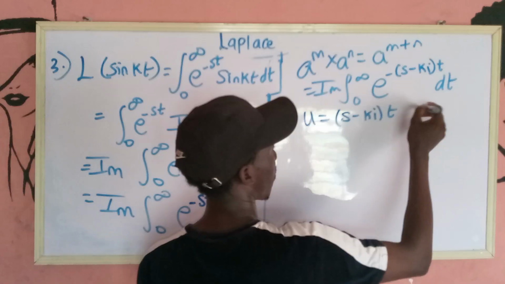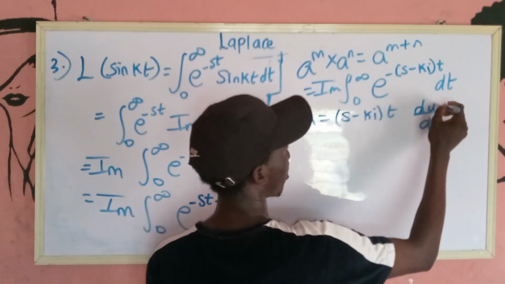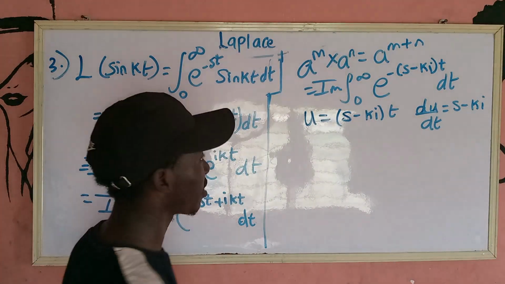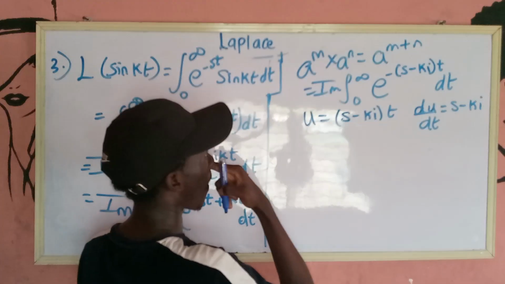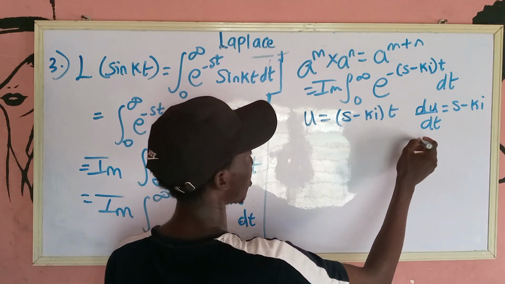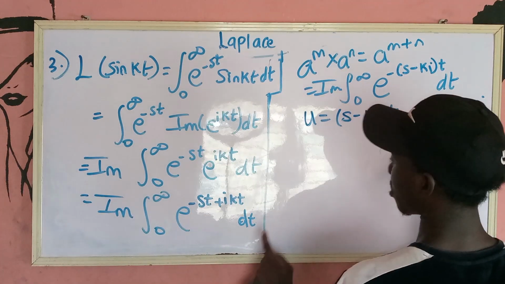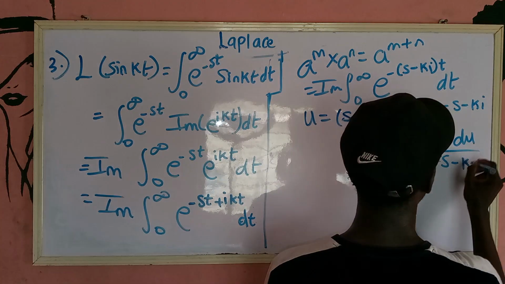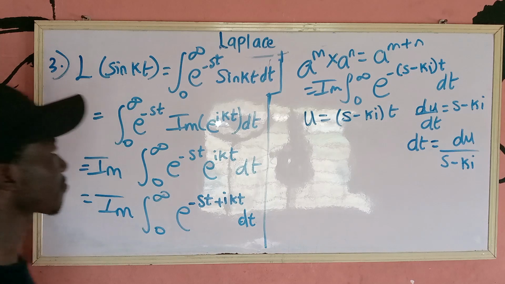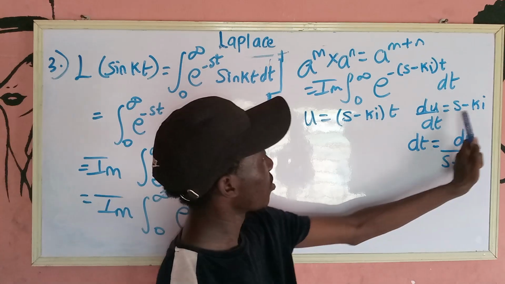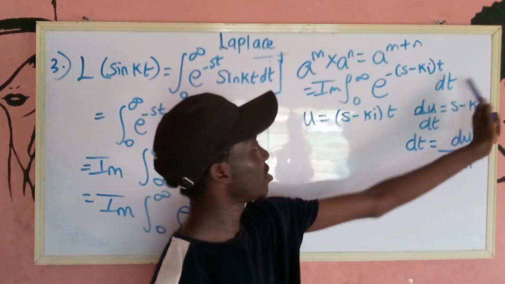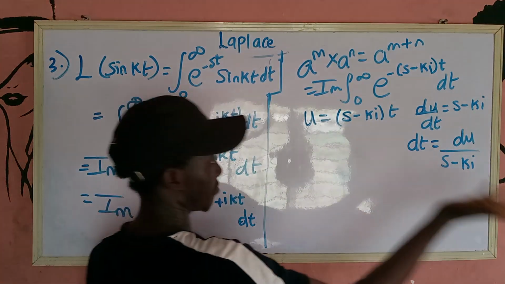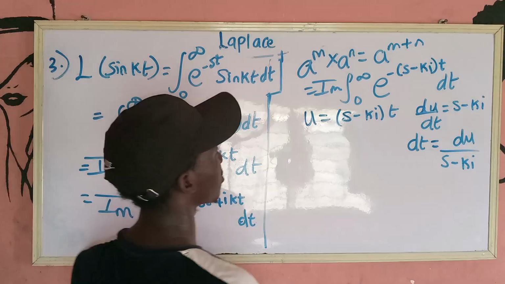I can say my du dt here is s minus ki, and my dt here can equal du over s minus ki. I brought this dt here, and that is du over s minus ki. It doesn't mean anything, just replace everything.